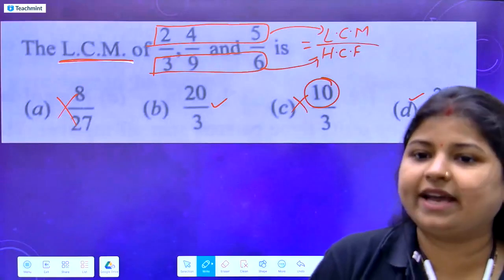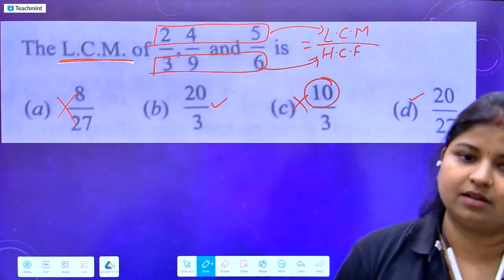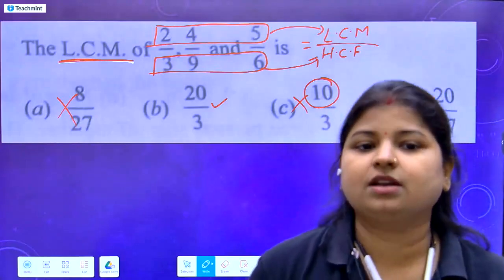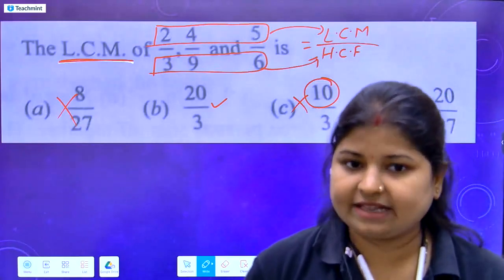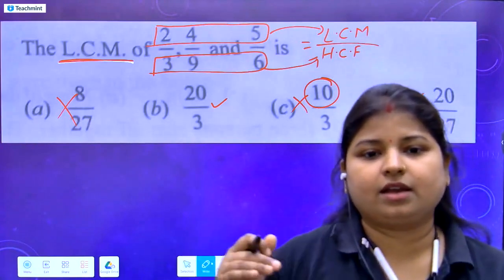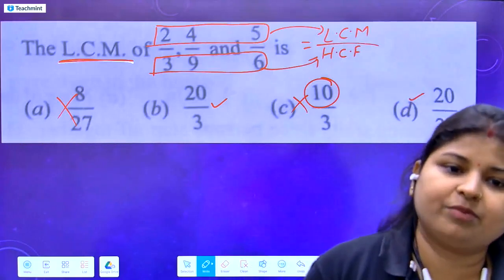Screen is black. Beta, exit and rejoin. Whenever during the class you feel that the screen is black or you're not able to hear me, please quickly exit and rejoin. Okay. Now tell me what, Prisha.